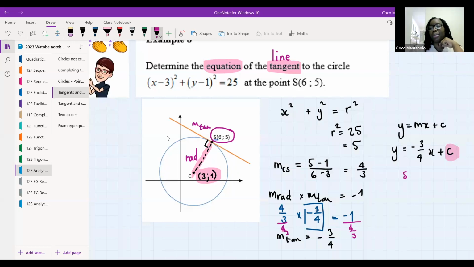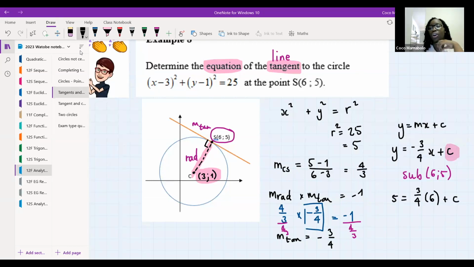So we're going to sub in the point (6, 5). Okay. So I'm going to get 5 is equal to 3 over 4 x. Oh, my x is actually equal to 6. 3 over 4 times 6 plus c.